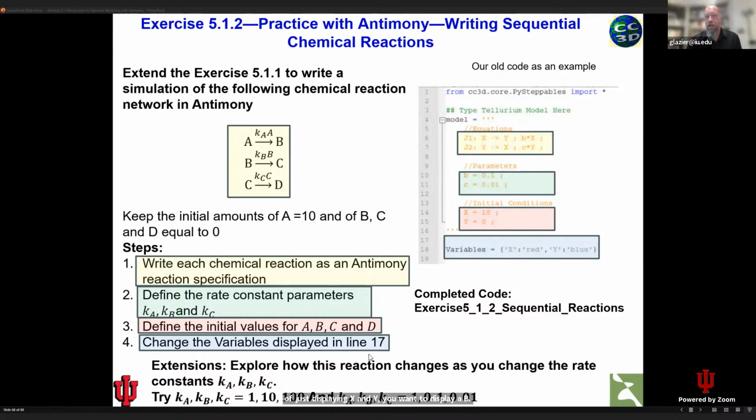If people get ahead, you can try changing the values of Ka, Kb, and Kc. It's interesting to make them 1, 10, and 100, and 1, 0.01, 0.1, and 0.01. Okay. I'll give people 5 minutes to try that, or less if everybody gets it beforehand.